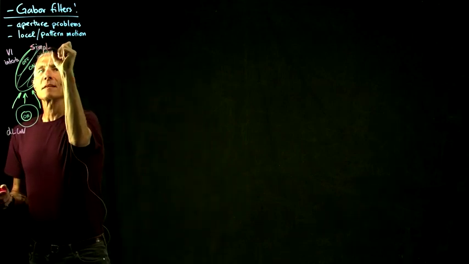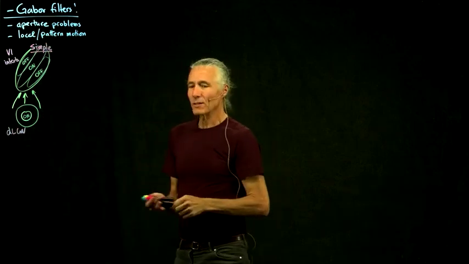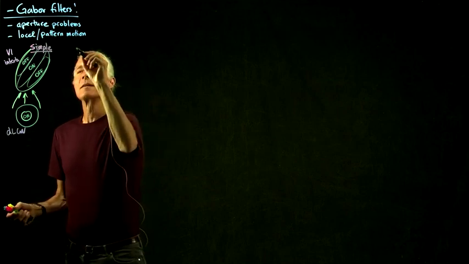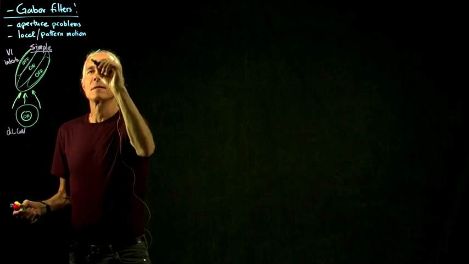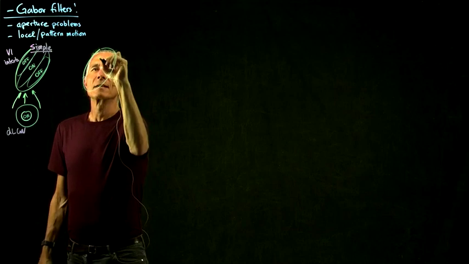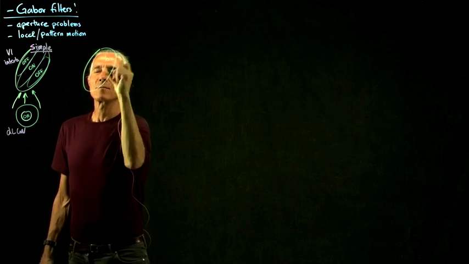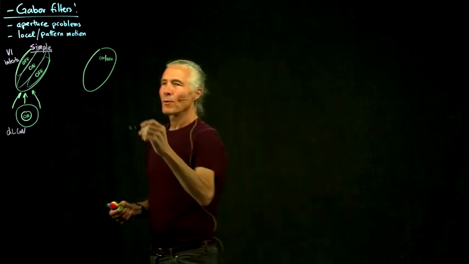Then we said complex cells are more complex. And what do they look like? Let's put them just out here. What a complex cell looks like is you can't see any on or off subfields. No matter where you test with a little spot, it responds to both on and off.